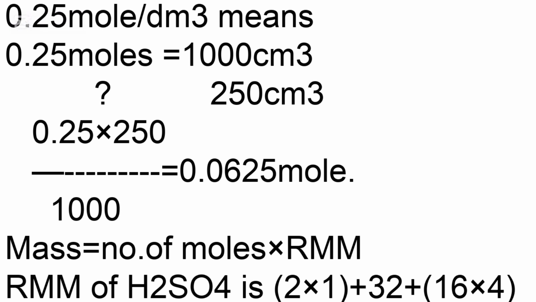Now for us to be able to get the mass of sulfuric acid, we shall take the number of moles multiplied by the relative molecular mass. Now let's find the relative molecular mass of sulfuric acid. So the formula is H2SO4. So we have 2 atoms of hydrogen with an RAM of 1, plus 1 atom of sulfur with an RAM of 32, plus 4 atoms of oxygen with an RAM of 16.